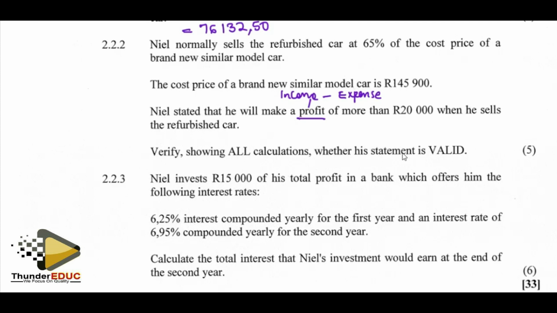So the income, they said the income will be 65% of the car, the new price. So we shall look for the 65. But here we are looking for income. So income will equal 65% times 100.